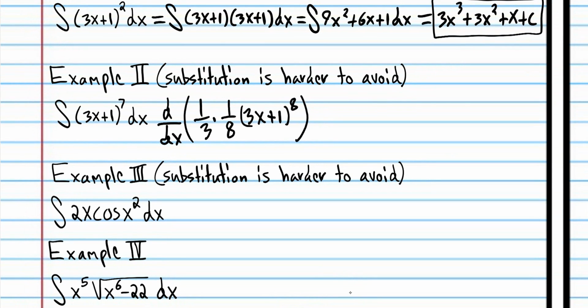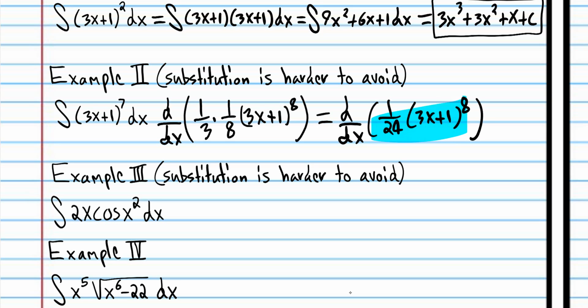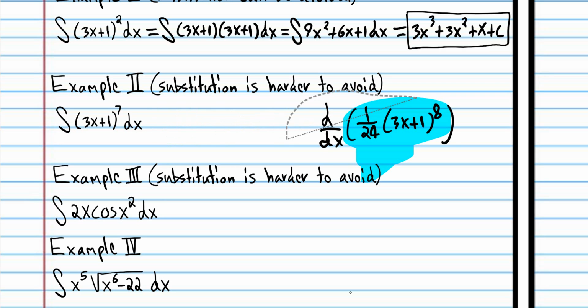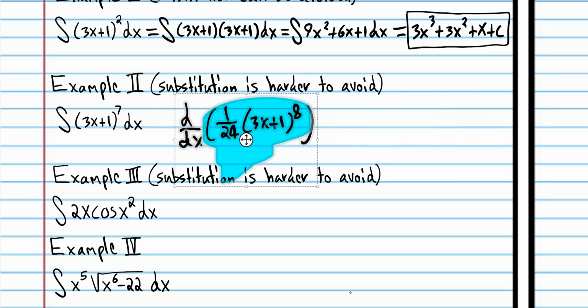So now we're finding the derivative of 1 over 24 times 3x plus 1 to the 8th power, and we're trying to see if the derivative of this blue expression is equal to the yellow expression, and it will be. So we bring down the 8, and it multiplies into 1 over 24, and it turns it into 1/3.